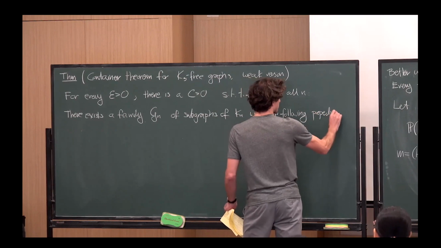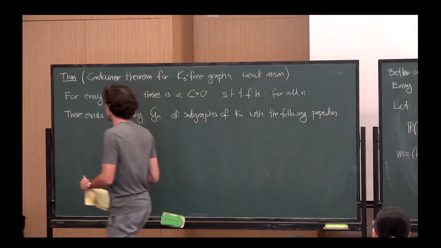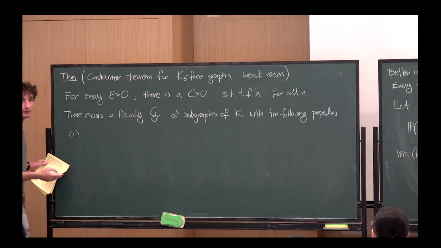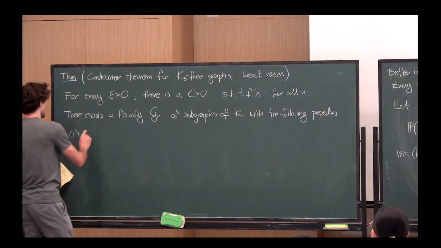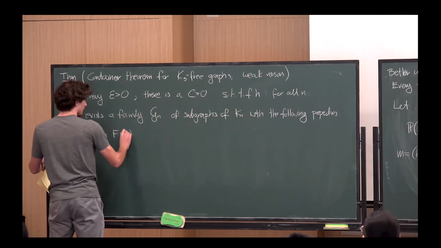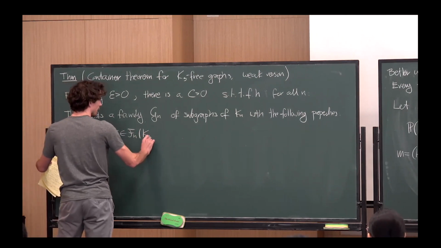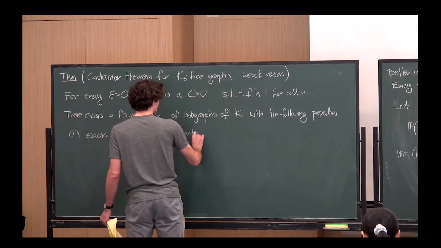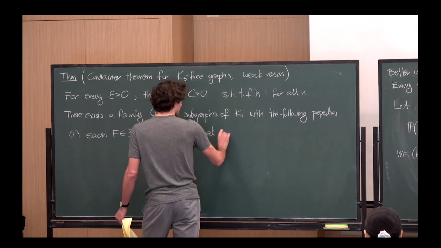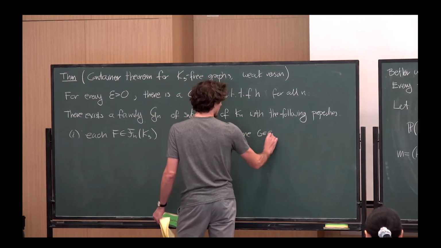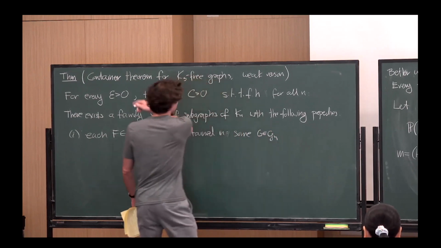One is, as with maximal triangle free graphs, every triangle free graph is contained in one of the graphs in Gn. So each F in the family of triangle free graphs is contained in some G in Gn, hence the name container.